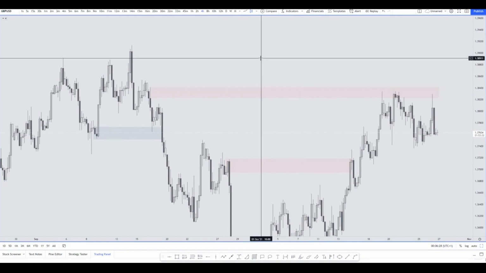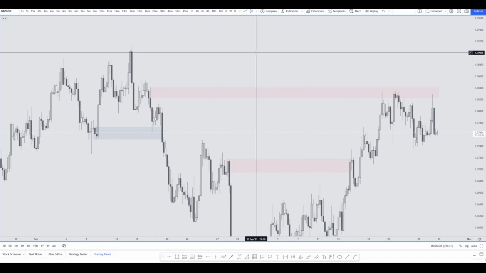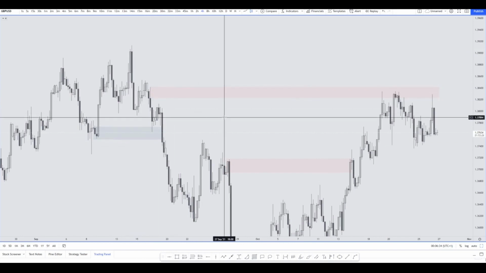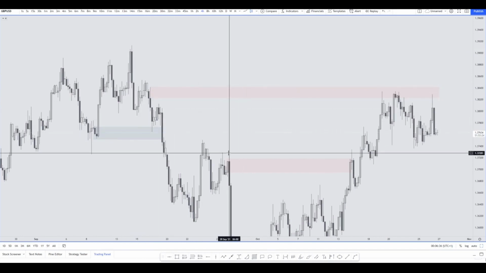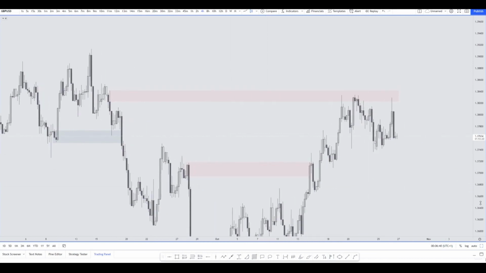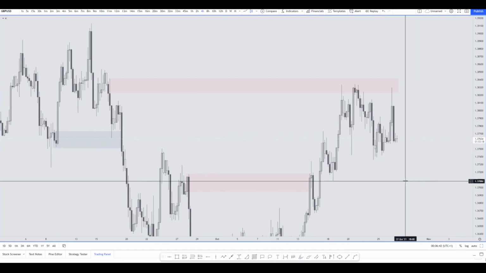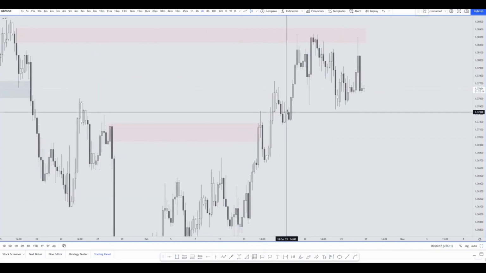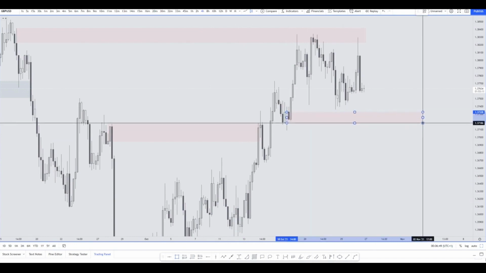What you're going to find is ultimately what works for you. I like wicks, I like bodies, I like ranges, but I will ultimately refine it to the tightest zone that I can. And yeah, the easiest way is just put some backtesting in and find what works for you.